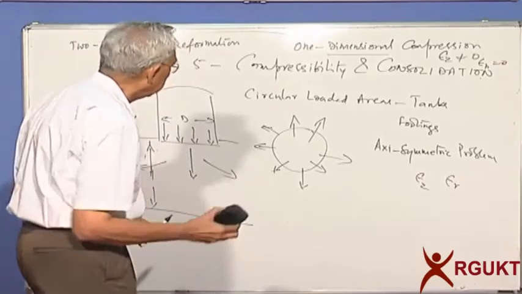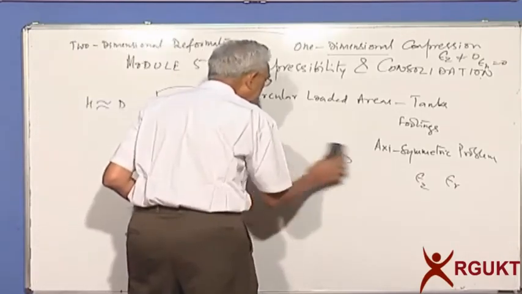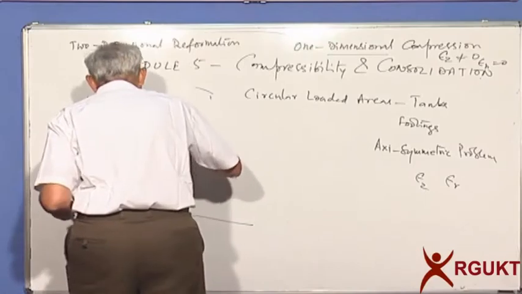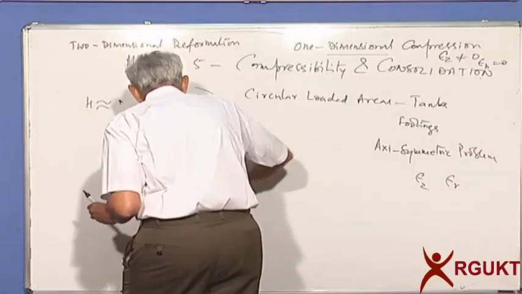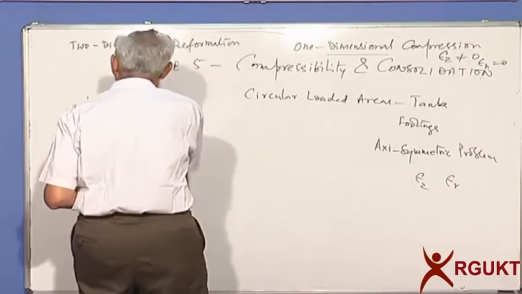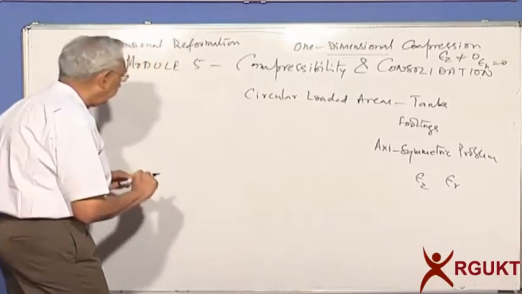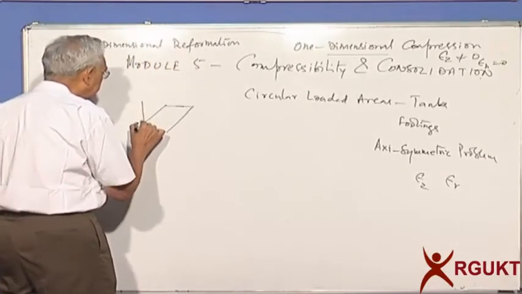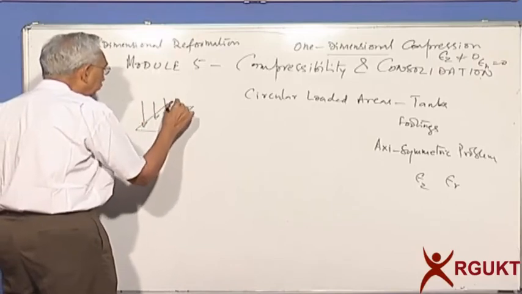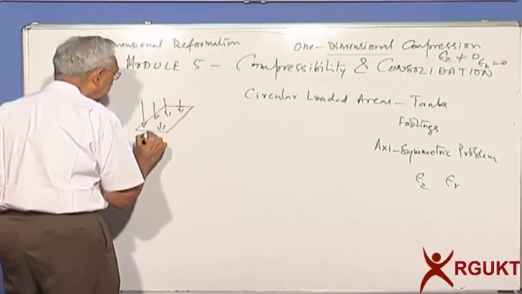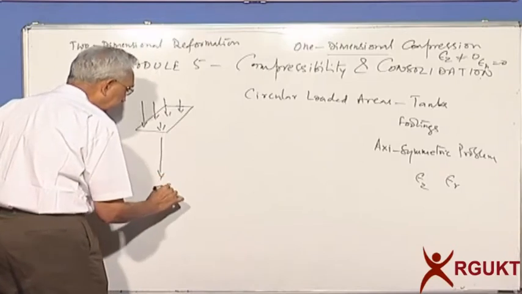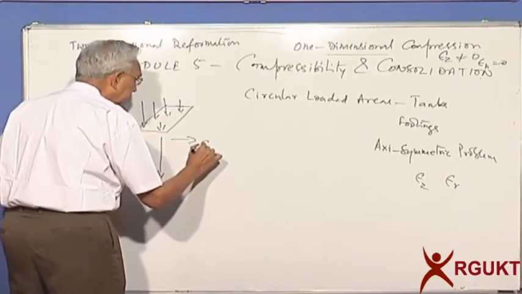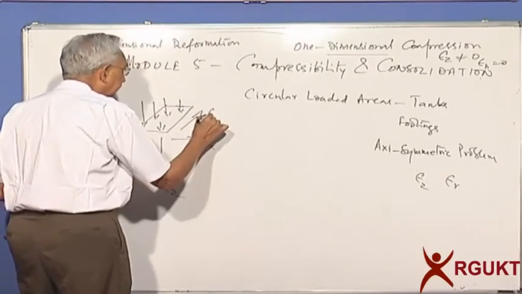And lastly, the most complicated one is under building foundations and special situations where you can have a three-dimensional deformation. You have a rectangular footing on the surface which is being acted upon, and then you will have not only epsilon z, you can have epsilon x and epsilon y.